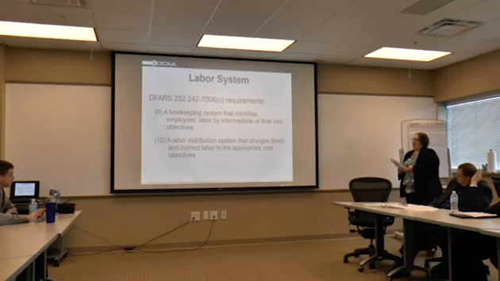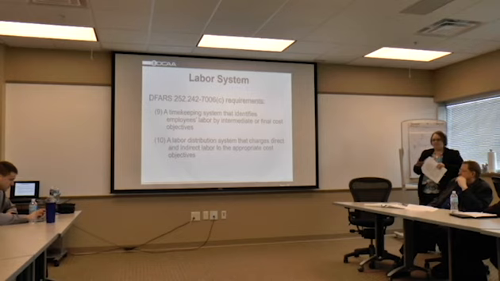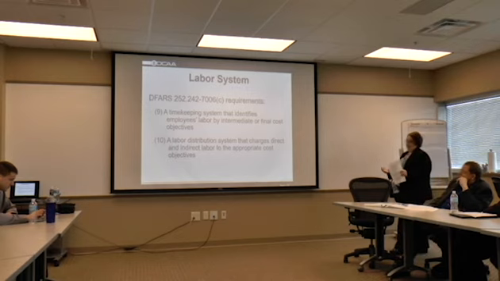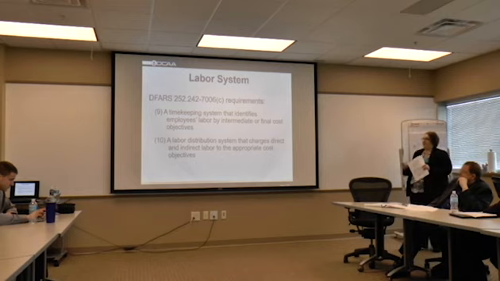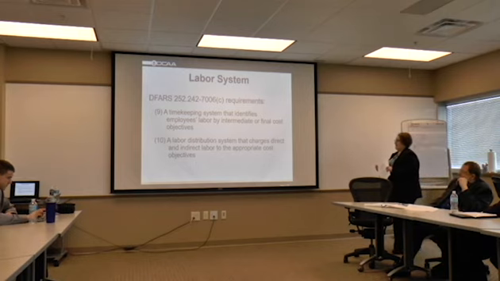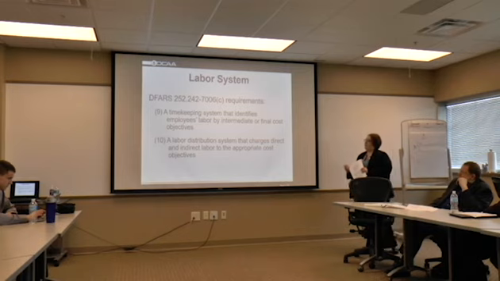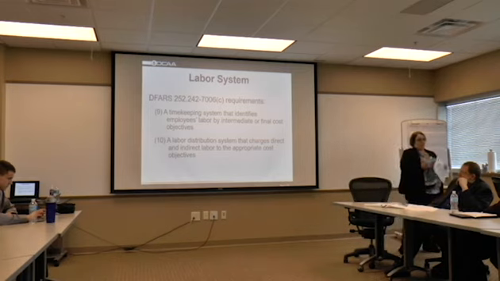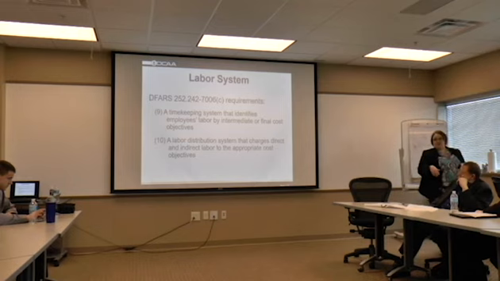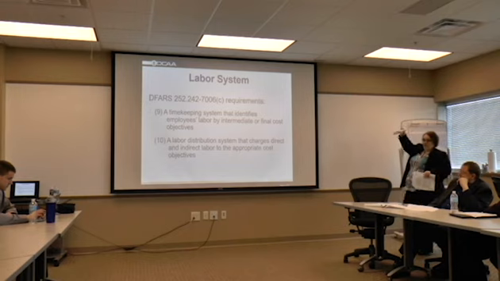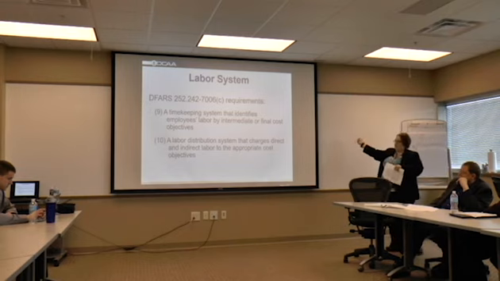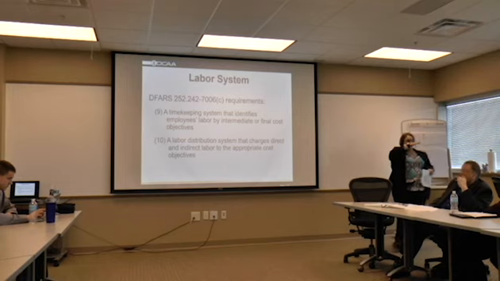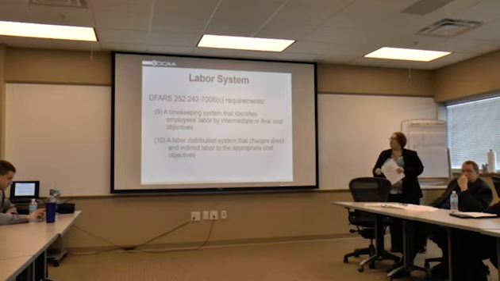The labor system is part of the accounting system. DFARS requires that a timekeeping system identify employees' labor by intermediate or final cost objectives. In the example that I gave, if the president of the company is also working direct on the contract, his timesheet would have G&A, whatever the G&A code is, and then a line for direct to the contract.